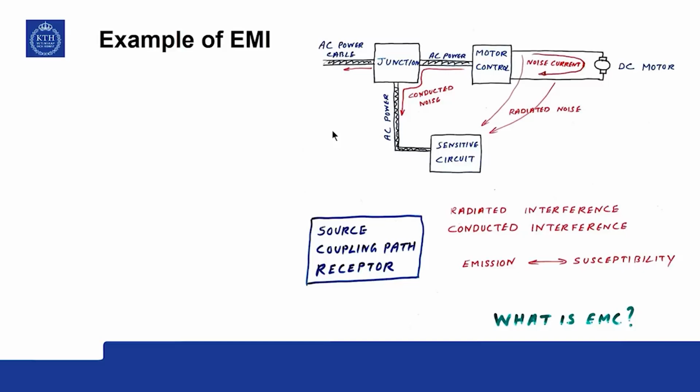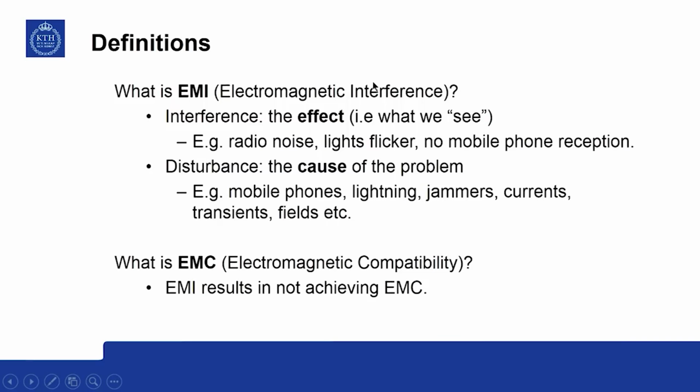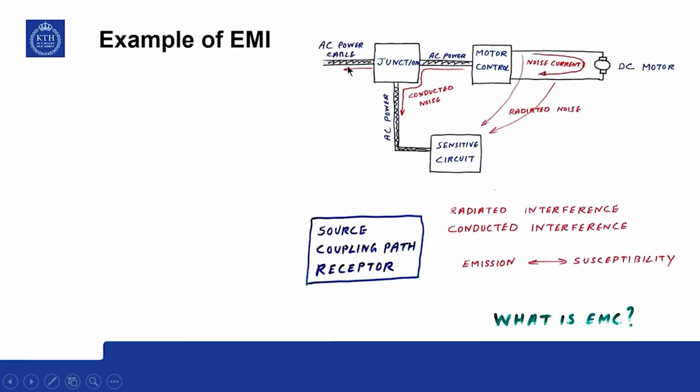Now, to define some of the terms, let us take this very familiar example here. So you have a motor that is working from the mains. Suppose this is a DC motor or a universal motor with brushes or something like that. Then the AC power cable has a junction, but this junction is also feeding some sensitive circuits, controlling some other things.